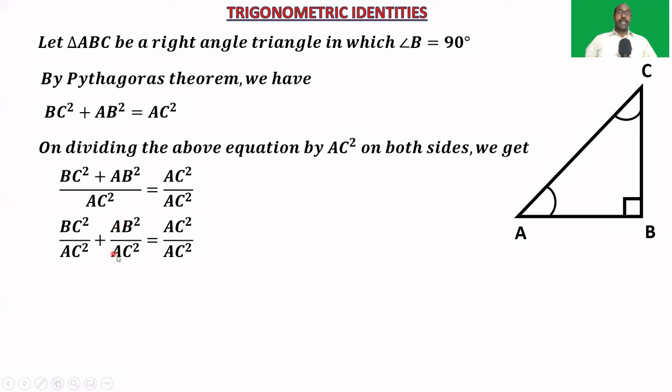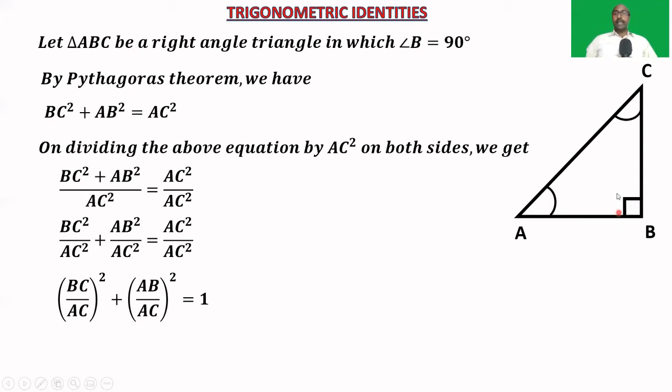And also, this can be written as AB by AC whole square. And in right hand side, AC square by AC square is equal to 1. So you can write BC by AC whole square plus AB by AC whole square is equal to 1.